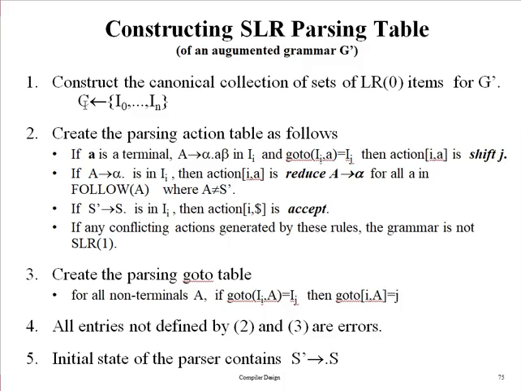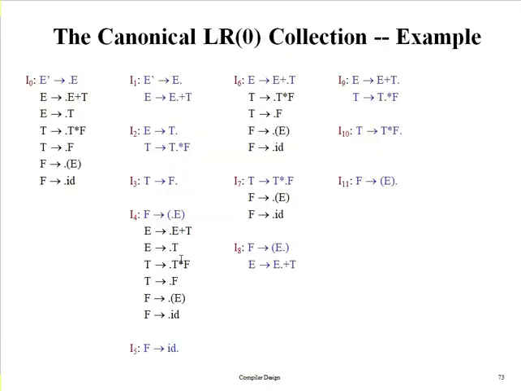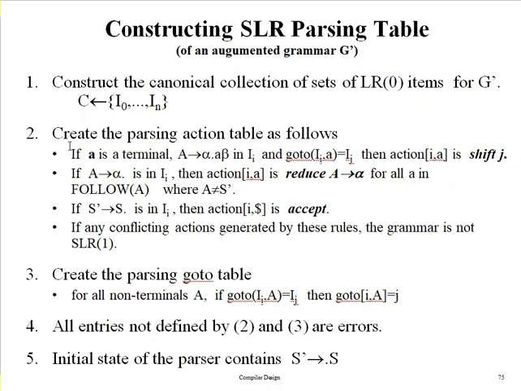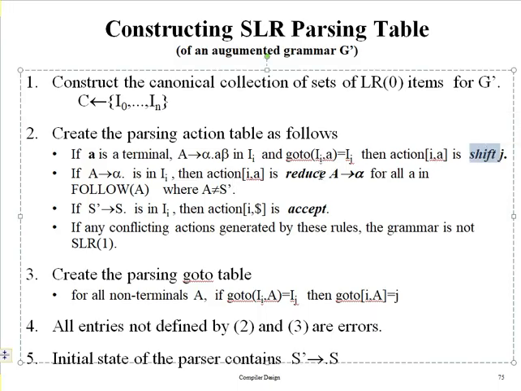The first step is creating the item collection, which we have already done by applying the closure and go-to operations. The next step is filling the action table, where we fill the actions shift, reduce, and accept, and the remaining empty entries are considered error entries, where the error action will be taken.